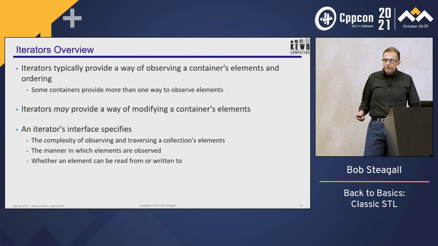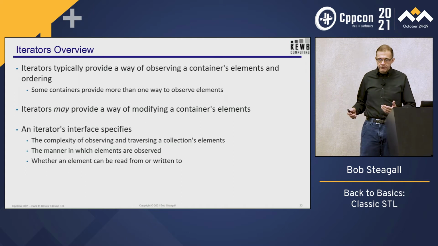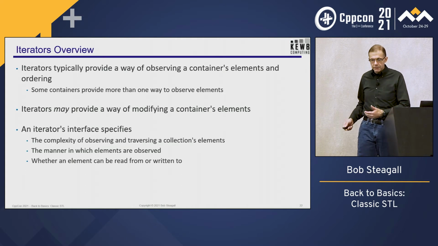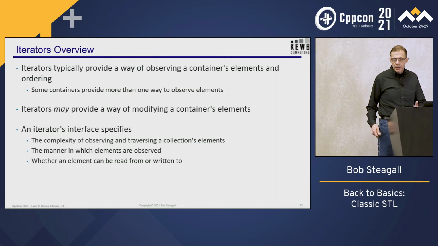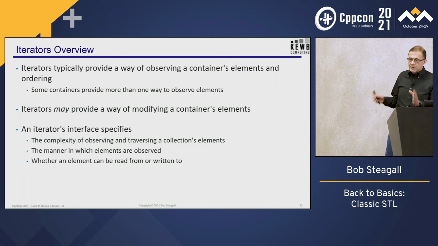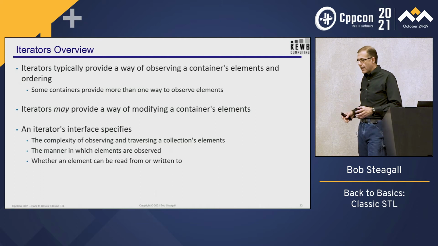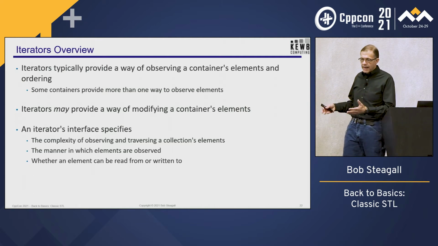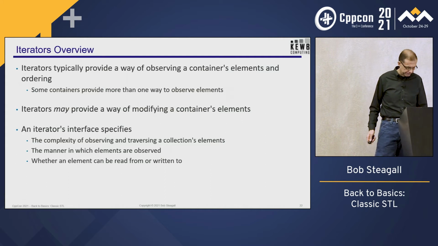The iterator's interface specifies things like the complexity of observing and traversing the collection's elements, the manner in which elements are observed, and whether or not an element can be read from or written to. But it does this in an abstract way, such that iterators have a well-defined interface that's used by algorithms in order to perform the computations I mentioned earlier.